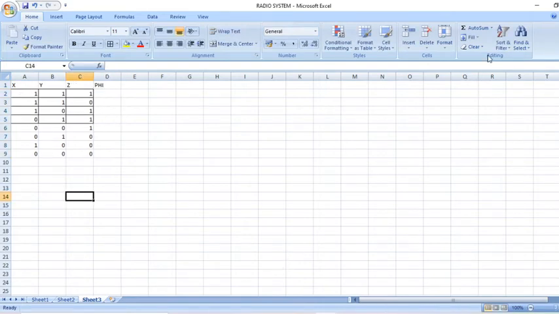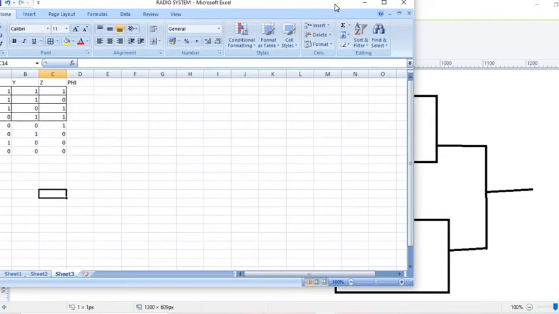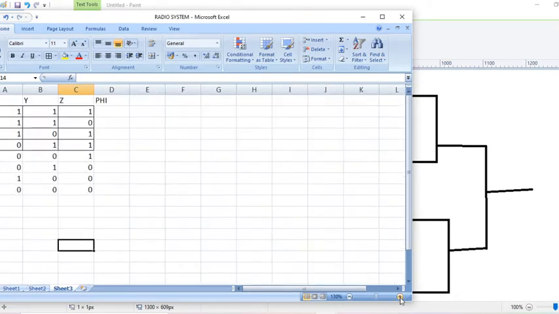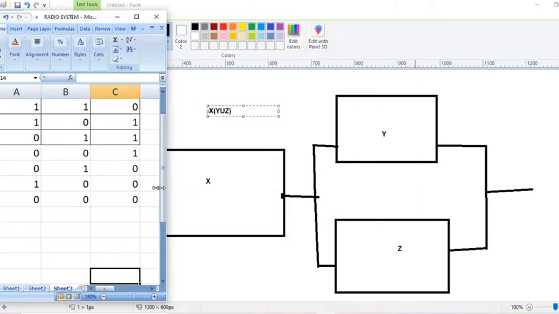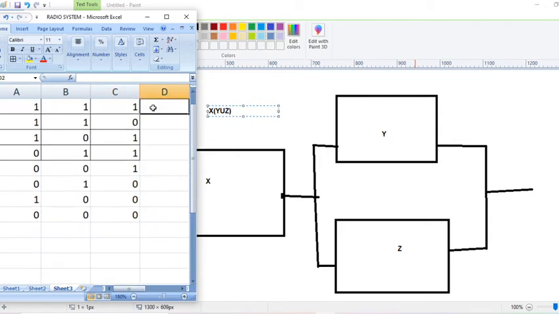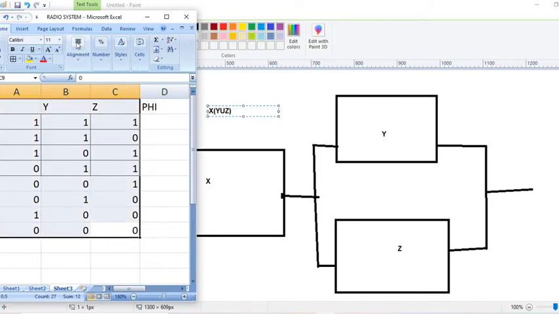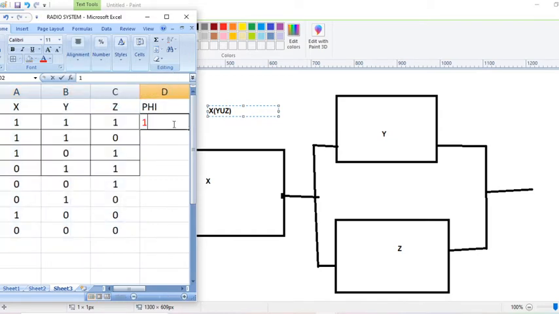Suppose component 1 is in working state, and 2 is in working state, and X is working, Y is working, Z is in working state. Then what happens? Yeah, the system will be in working state.